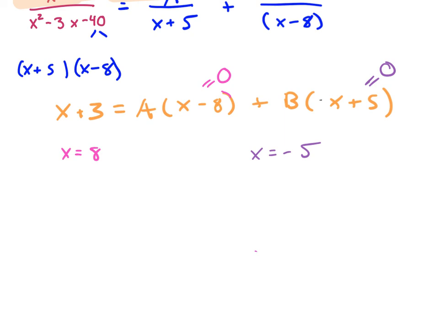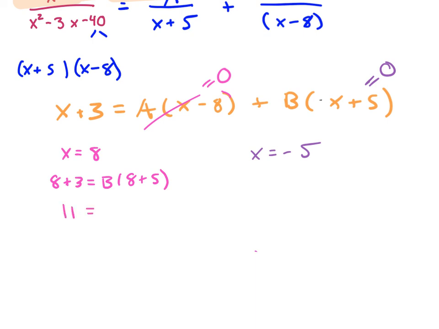So now we plug them in. So we have 8 plus 3 is equal to a times, we know when we plug in 8, we're going to get 0 here, so I don't even have to write the a because we know it's going to cancel out. So this is just equal to b times 8 plus 5. 8 plus 3 is 11.